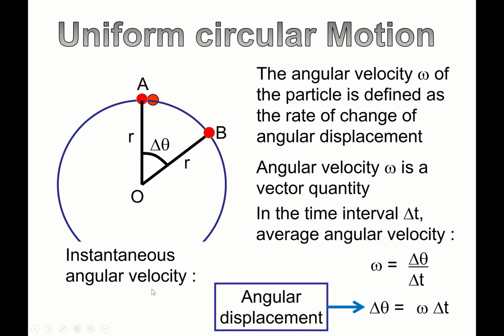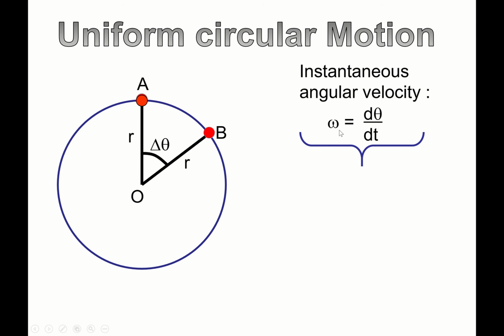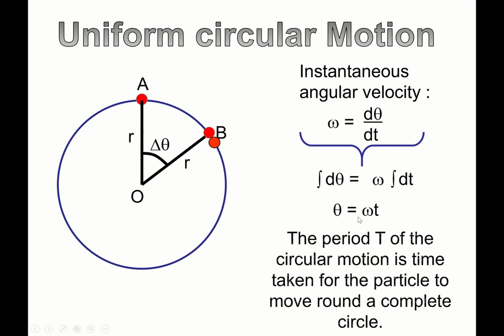For instantaneous angular velocity, omega equals d theta over dt. So from omega equals d theta over dt, we can cross multiply to get d theta equals omega dt. And we take the integral of both sides, so we get theta equals omega t.